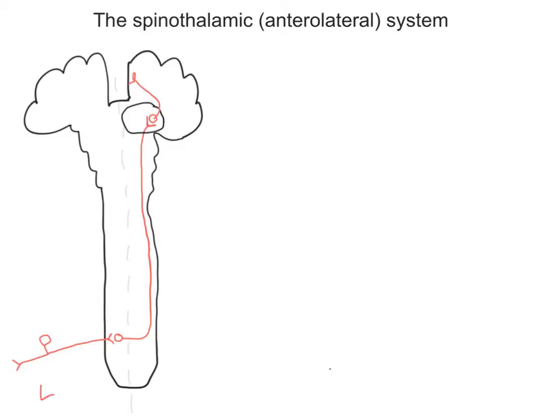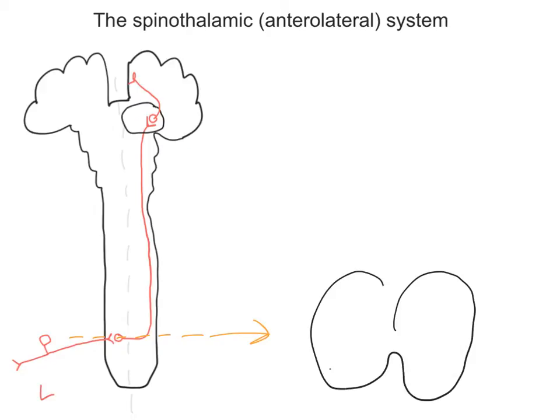Now, we can do the same thing that we have done already for the dorsal column system, but for the spinothalamic system. So what we can do is, in orange, do a cross-section through the spinal cord at this level here. Okay, and if we look at the spinal cord at that level there, we see the usual structures that we're familiar with.